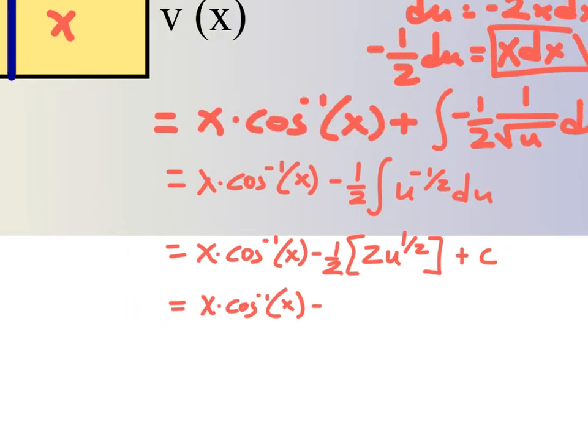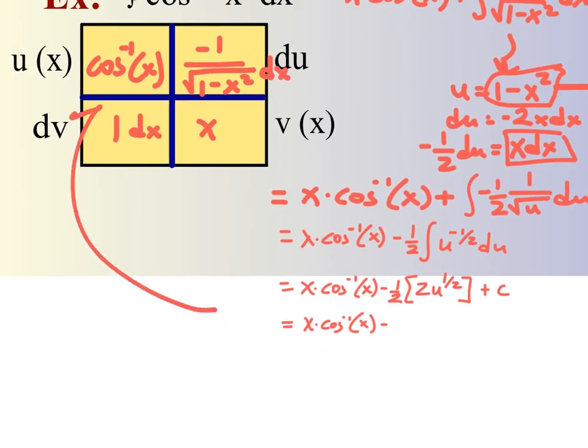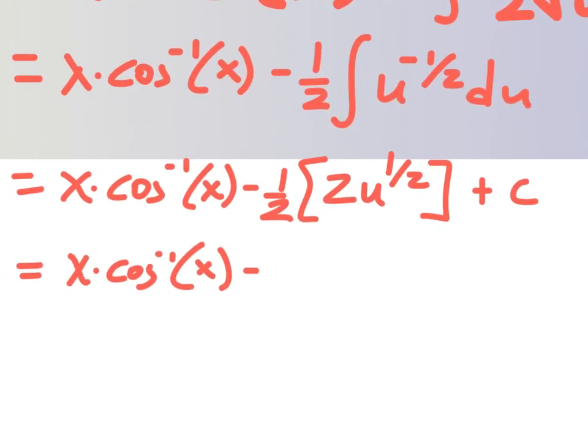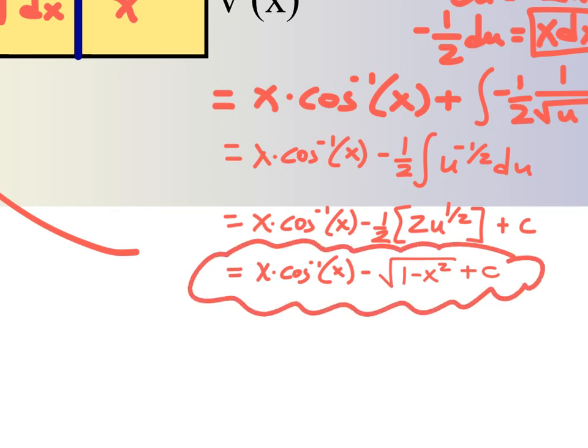And u now has a different value, right? Don't get fooled into thinking it's the u over here, because it's not. It's the new u, and if you wanted to use a different variable, you could. So it would be the square root of 1 minus x squared plus c. Okay, that's an interesting one that's got integration by parts, and it's got u substitution involved.